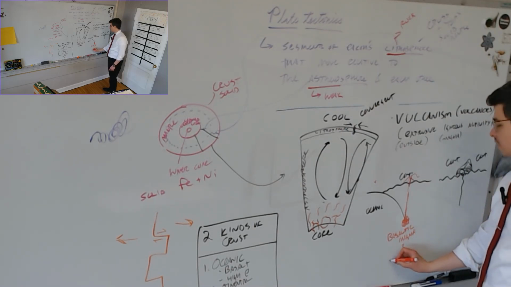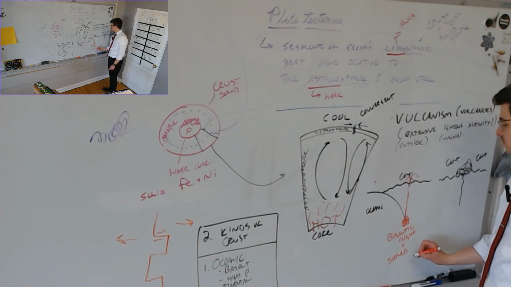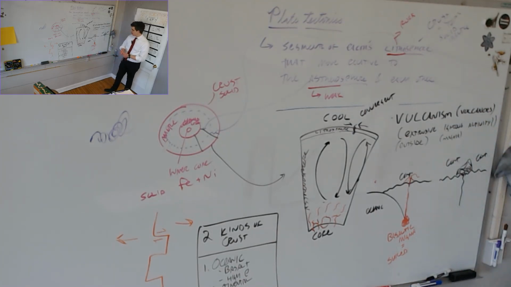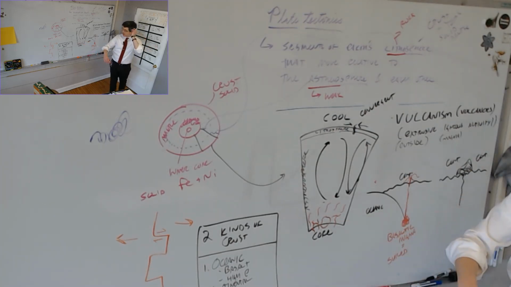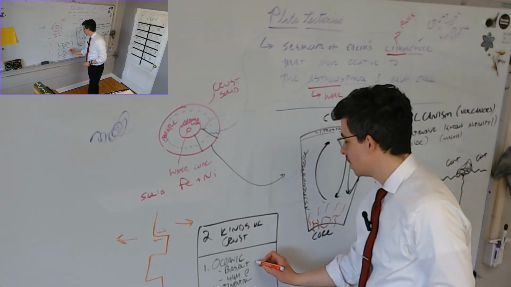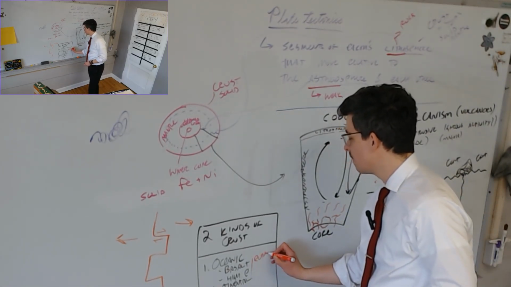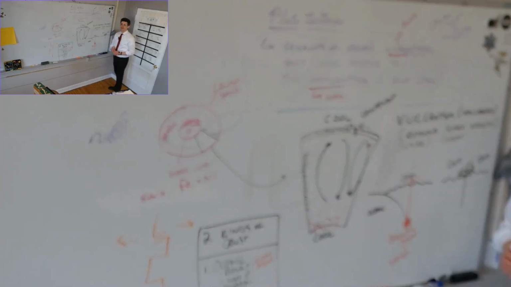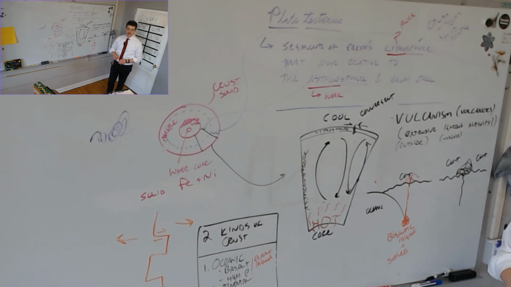And that produces what we call a shield volcano. I spelled it wrong. I'm going to leave it, but you should spell shield right in yours. A shield volcano because it's kind of wide and flat. Because another thing about oceanic crust, high density basalt, is that it is runny magma. The way we think about it is it's kind of like runny honey.